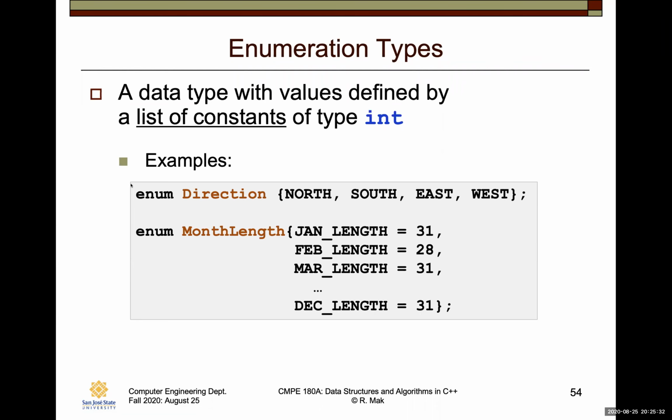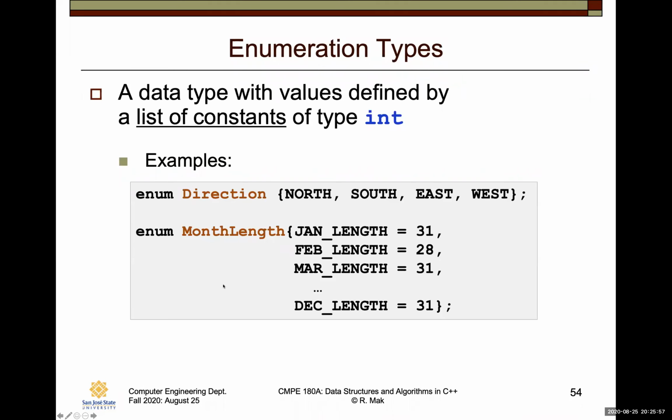And so if I have a variable D, and its type is direction, it can only have these 4 values: north, south, east, and west. In fact, these names are constants, and you have to use these names to represent the various values.